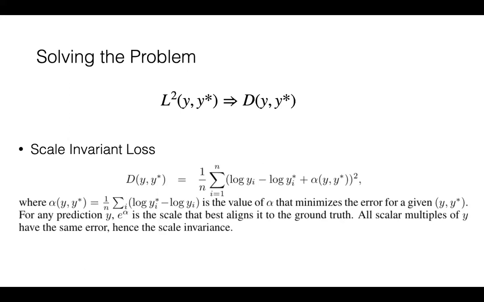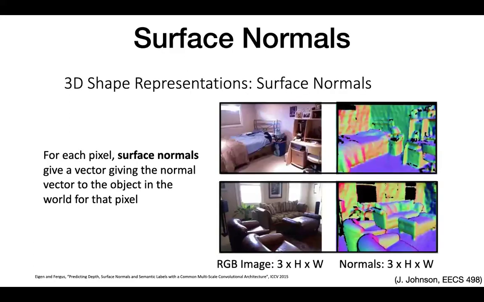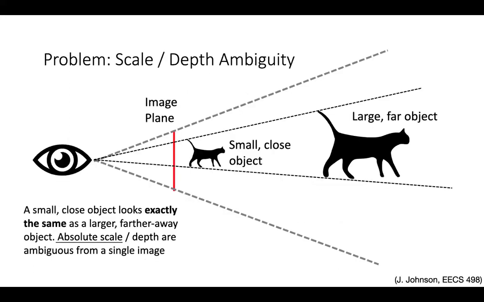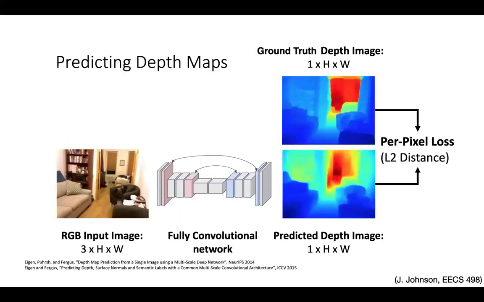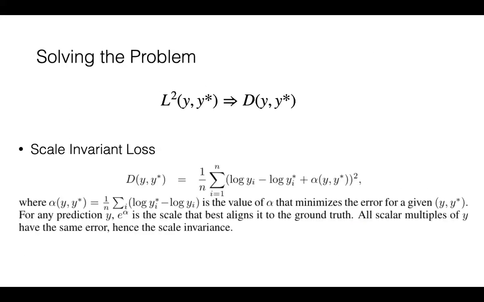In that case, all the scalar multiples will have the same error, and then the scale will be invariant. So with this, just replacing the L2 by this new loss, we can learn the depth that is scale invariant, and this was a groundbreaking result that enables us to predict depth and have depth maps from images.